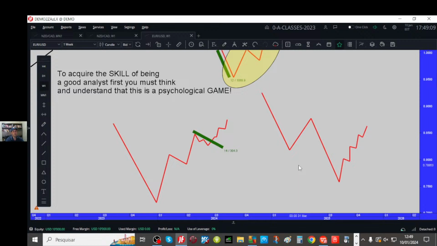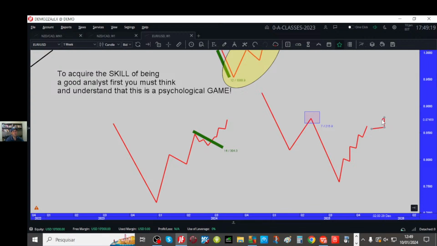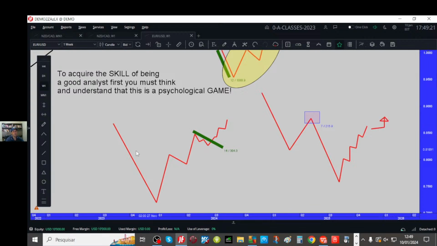So this is theory, right? This is the relevant high. Going long in here, it's extremely risky, because if the market is going to continue, then it's not going to break the relevant high, but it's going to reverse and go down. Make sense, everybody?